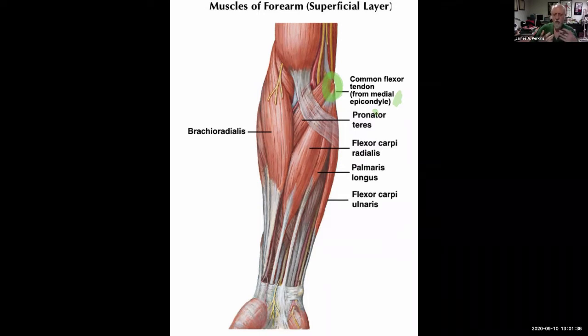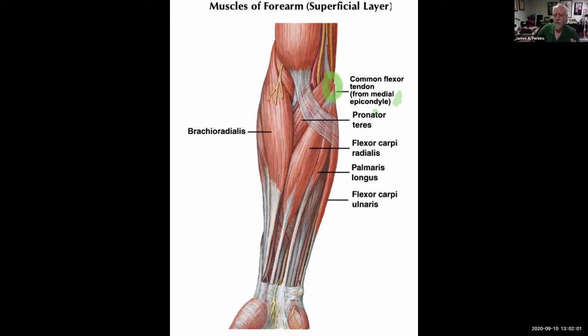And it makes sense that a lot of them are actually originating from this epicondyle on the medial aspect of the humerus. And then they all kind of radiate out from that point and become separate. But right at their origin, many of these muscles are fused together, coming from that common flexor tendon on the medial epicondyle of the humerus.